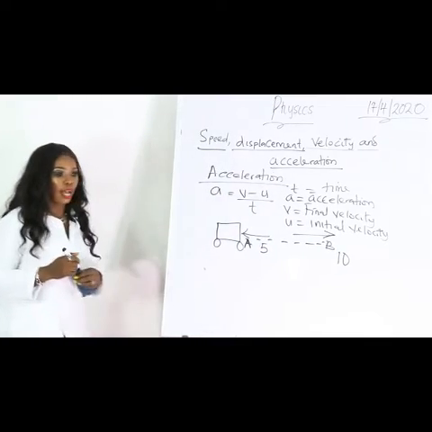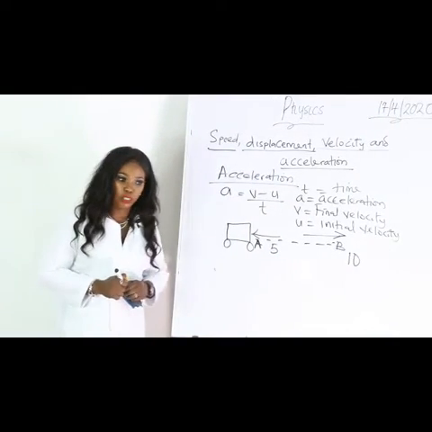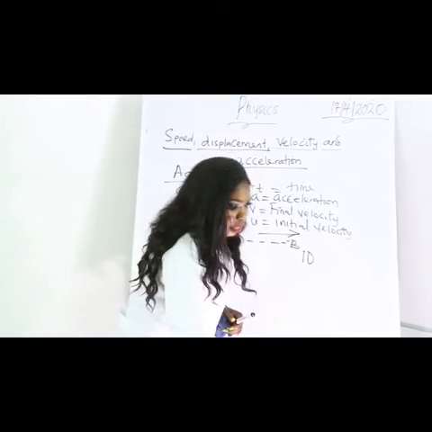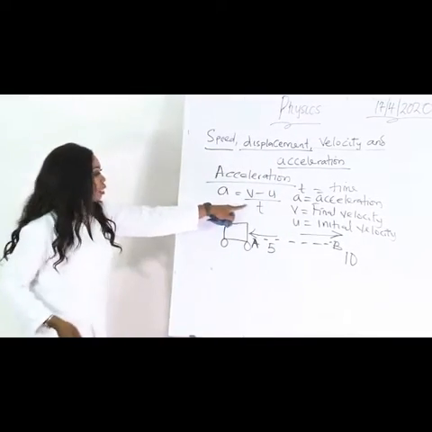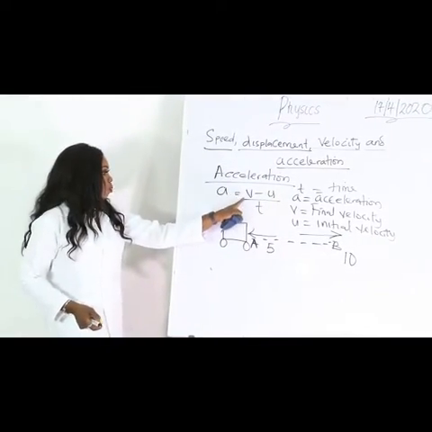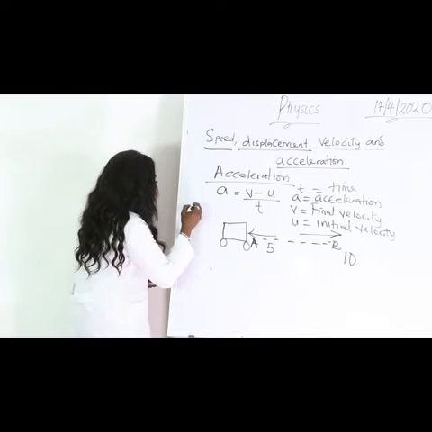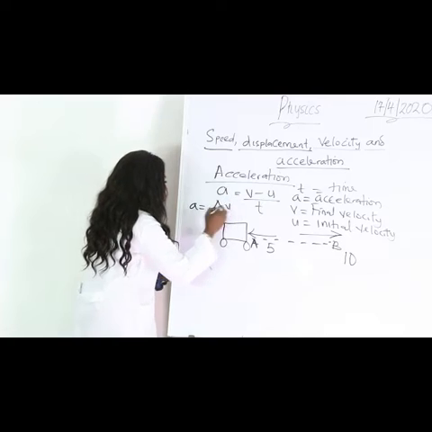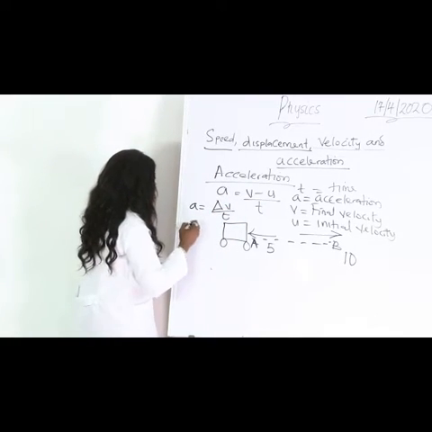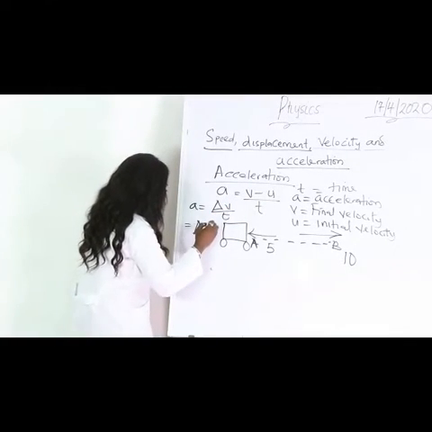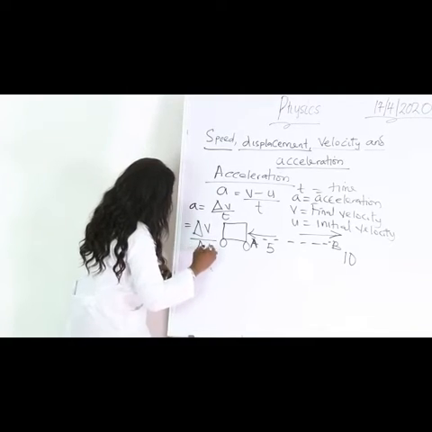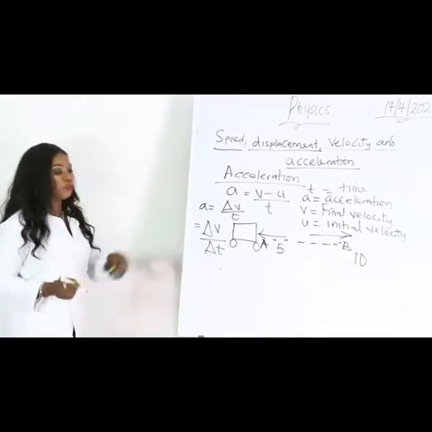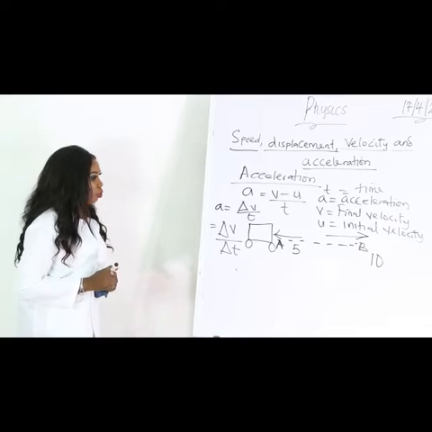So that means acceleration is the rate of change of velocity per unit time. And that's why we have an indication of something of this nature. Sometimes it could be referred to as A equals the rate of change of V over T, or rate of change of V over rate of change of T. That will give you your final acceleration.